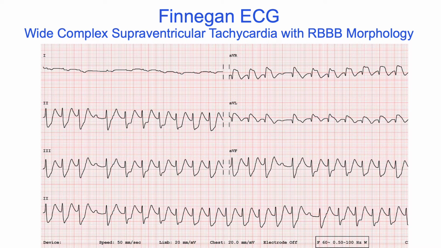It was originally thought that perhaps the dog had a ventricular arrhythmia, but after watching for a period of time, it was identified that there actually were P waves present and that those were related to the QRS complexes, and that there were bursts of a rapid tachycardia and that the sinus beats had a deep S wave. And the eventual assessment was that the dog had a wide complex supraventricular tachycardia with right bundle branch block morphology.